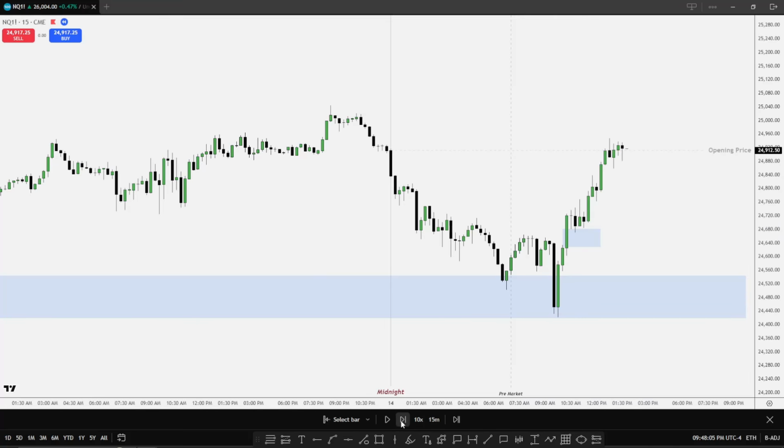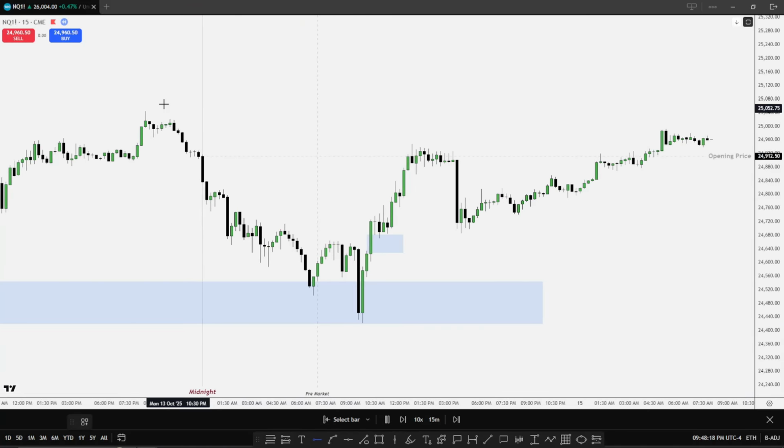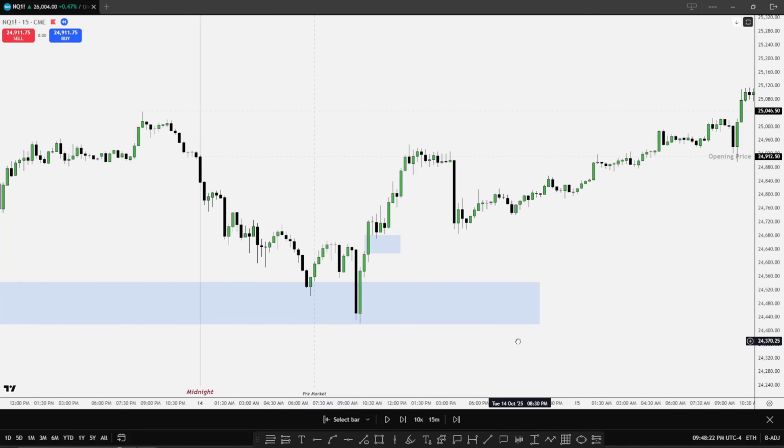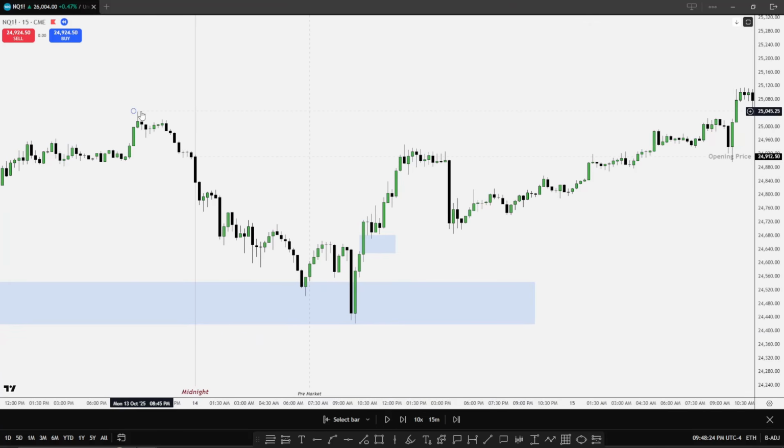It gives you a decent run to the opening price. Eventually taking out the previous day high or a previous day high here.